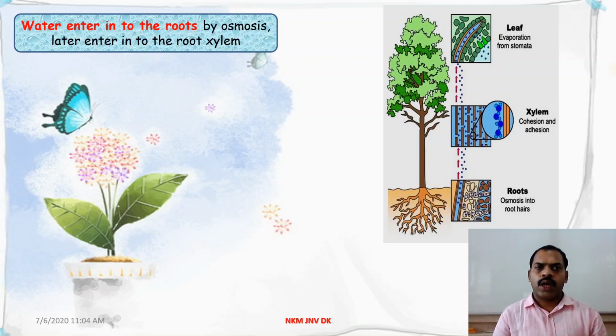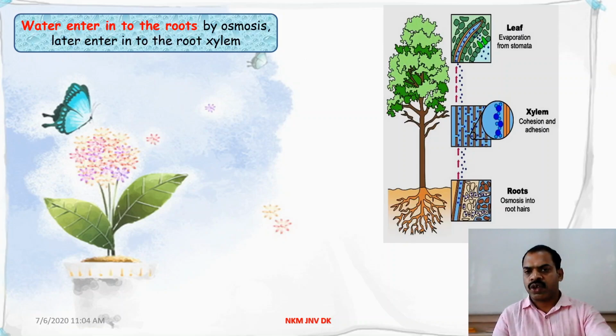First of all, how do the plants absorb water? Water is available in the soil in the form of solution. Through osmosis, which we have already learned, water moves from its higher concentration to its lower concentration through a semi-permeable membrane. So water enters into the roots by osmosis.